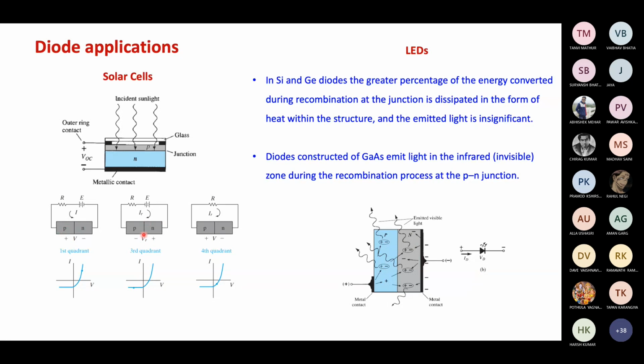In reverse bias also, the diode is consuming the power. But in the fourth quadrant, when this diode is in the fourth quadrant, then the diode is producing power, and that's the regime of operation of the solar cell. Okay, so only this is the solar cell here.